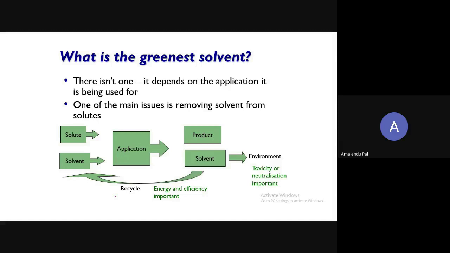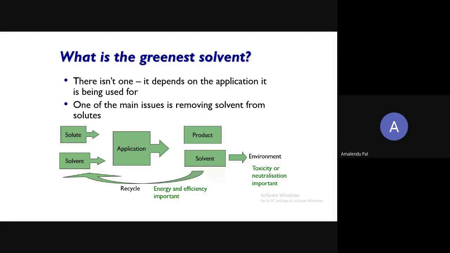Another thing, what is the greenest solvent? It depends on the application it is being used for. One of the main issues is removing solvent from solute. What do we do? We take solute and solvent, then the application part.